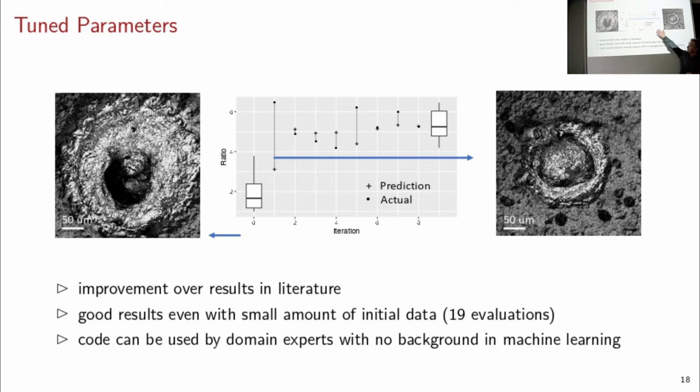Here, same thing as before, except with a much smaller number of iterations, just to show you that we can do this with a much smaller number of iterations as well. Here we did a total of 19 evaluations, including the initial random ones. And here the results are actually even better, because if you look at the box plots, random and BO don't overlap at all.